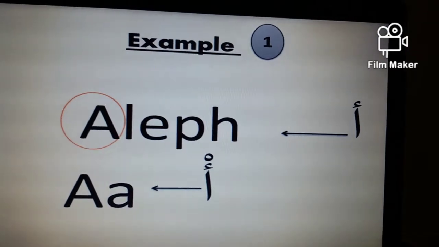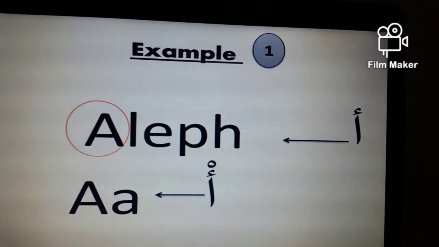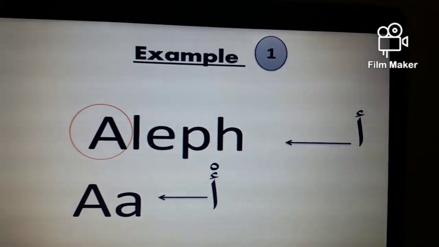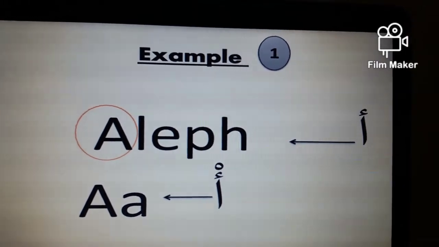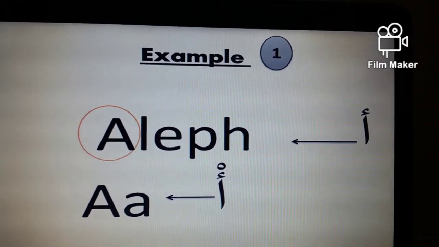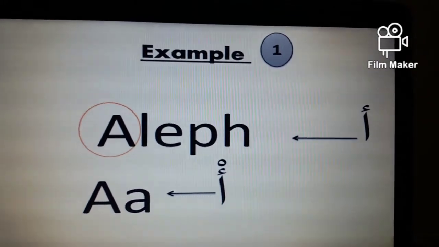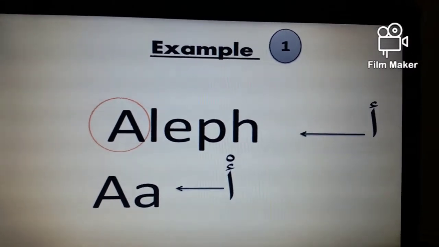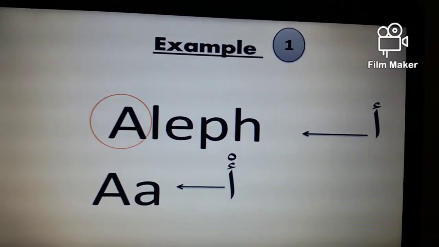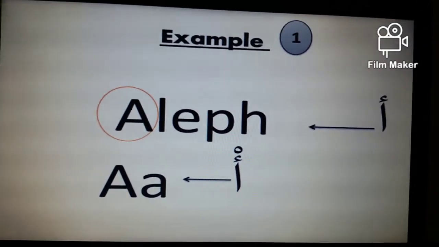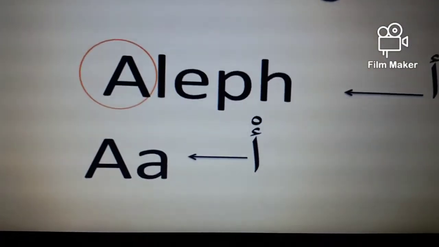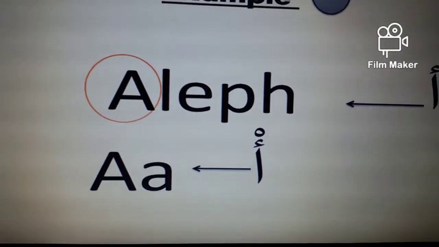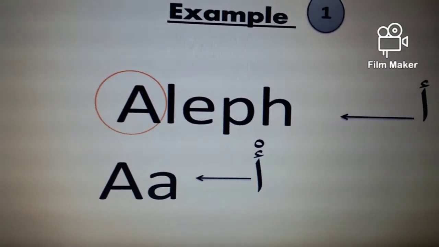The first letter is alif. Alif is the letter that is represented here, and that's the name of the letter. However, when we put that small circle on that letter, we pronounce it this way.